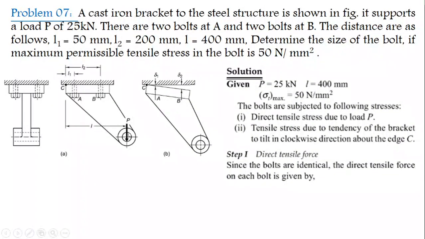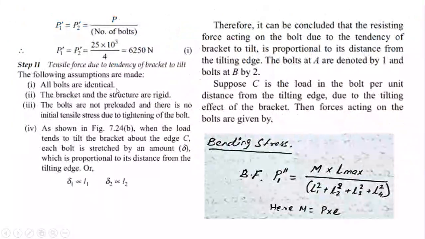Because of this load, a pulling action will happen here, so tensile stress will occur in bolts A and B. The second is tensile stress due to the tendency of the bracket to tilt in clockwise direction about the point C. This arrangement will tilt in clockwise direction.